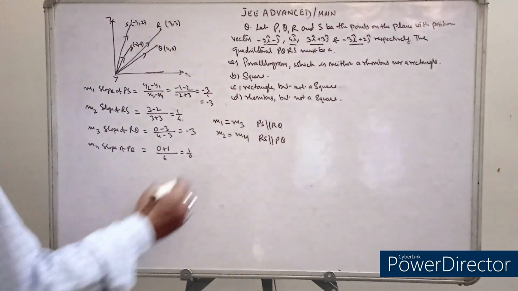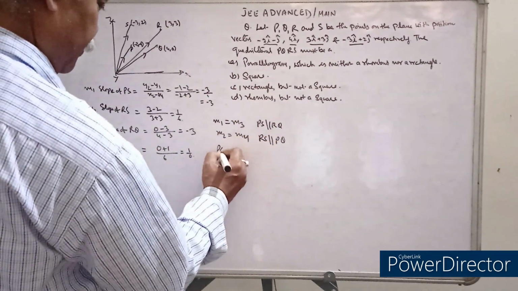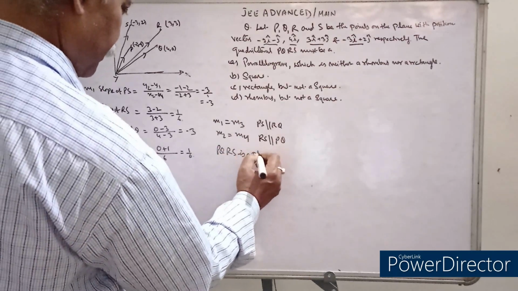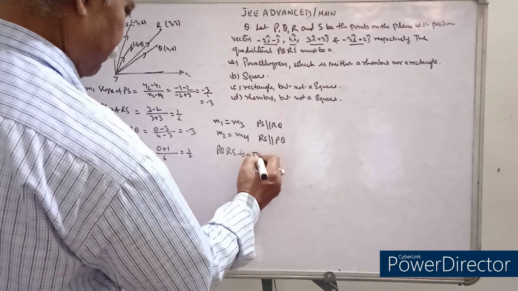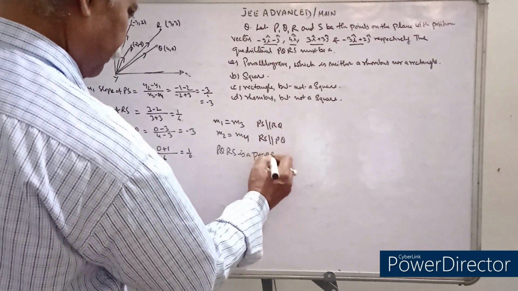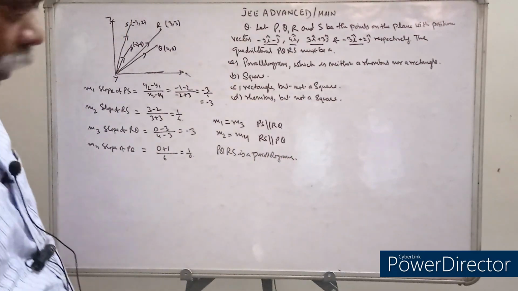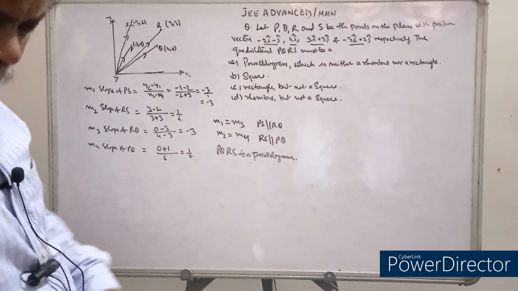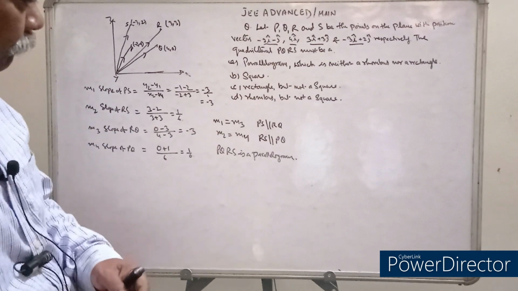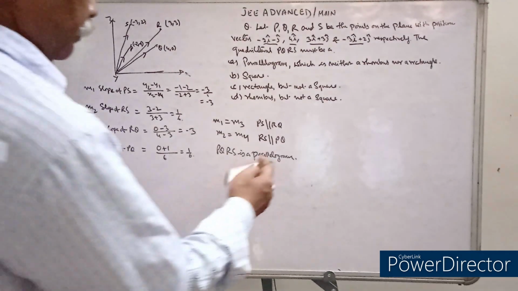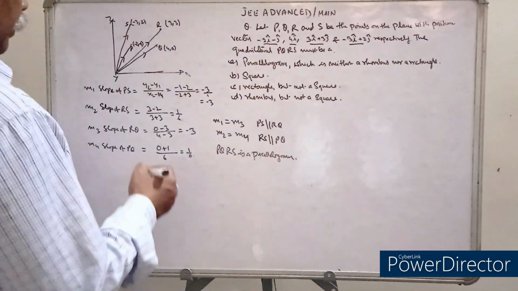So this shows that PQRS is a parallelogram.